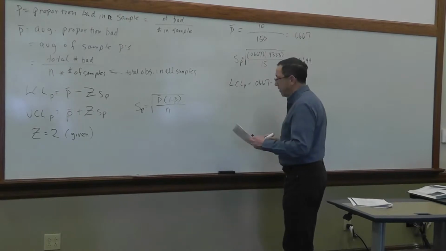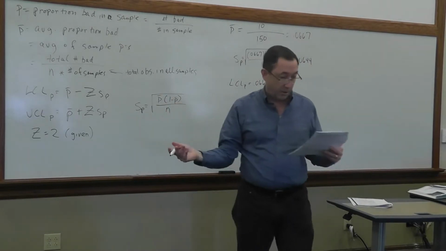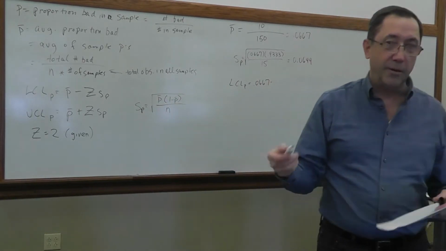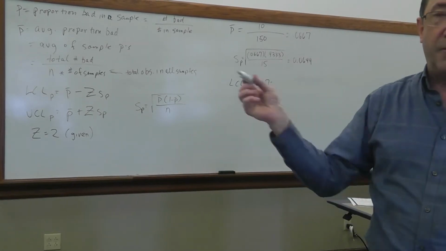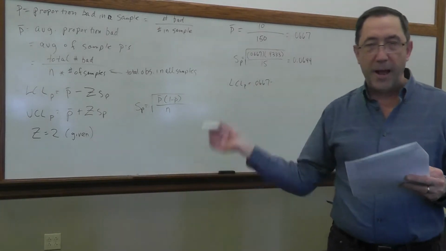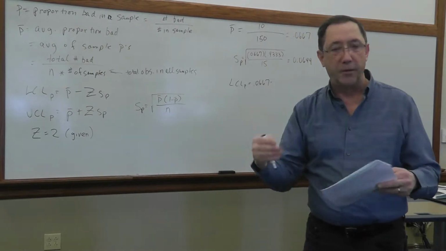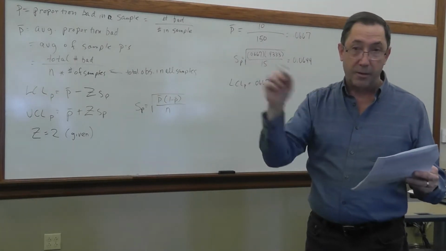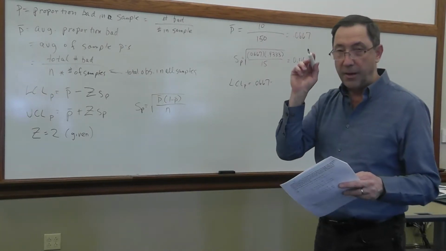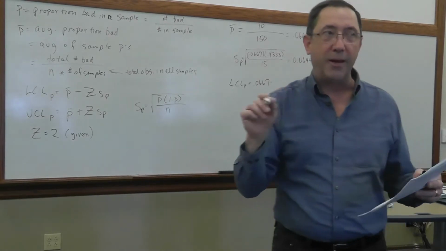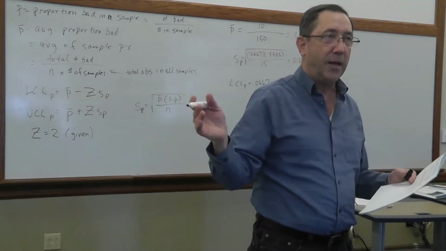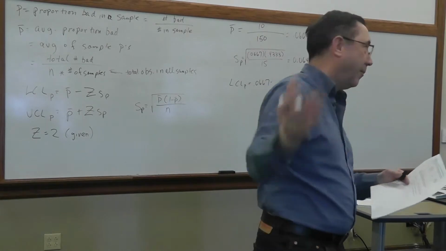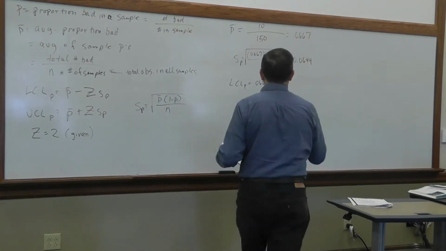0.0667 minus Z. Is it given? It is given. So here's an example. If somebody stated a confidence interval, figured out what Z should be, but they still give us Z. They don't tell us Z. They tell us control limits based on 1.96 standard deviations. Z is just the number of standard deviations away from the mean.